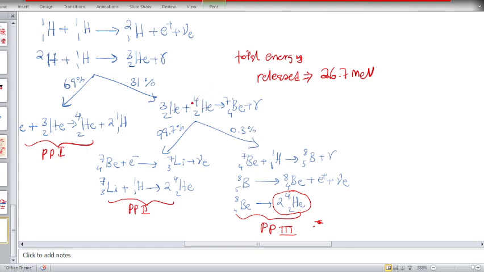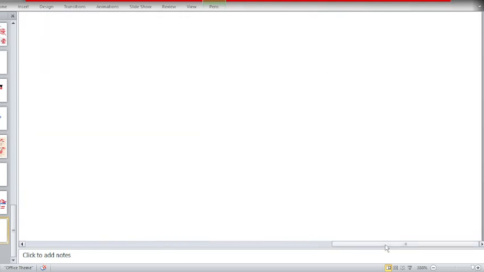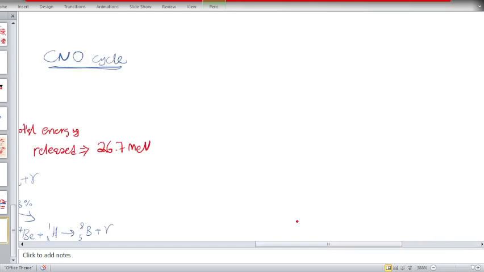So this is the PP cycle, and in the case of the CNO cycle, the total energy released will be the same. There is no difference: 26.7 mega electron volts. So for the CNO cycle, we will just draw it here. You have carbon 12, and this carbon 12 interacts with a proton, H1.